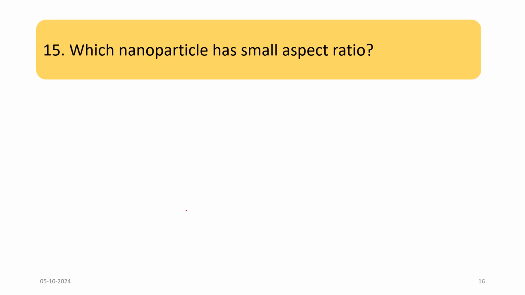The answer is spherical, oval, cubic, prism, helical, or pillar. Collections of many particles exist as powder, suspension, or colloids. That is, their aspect ratio is very small.